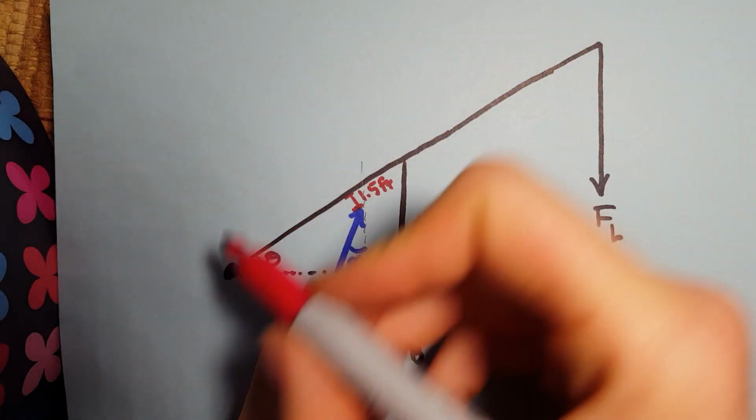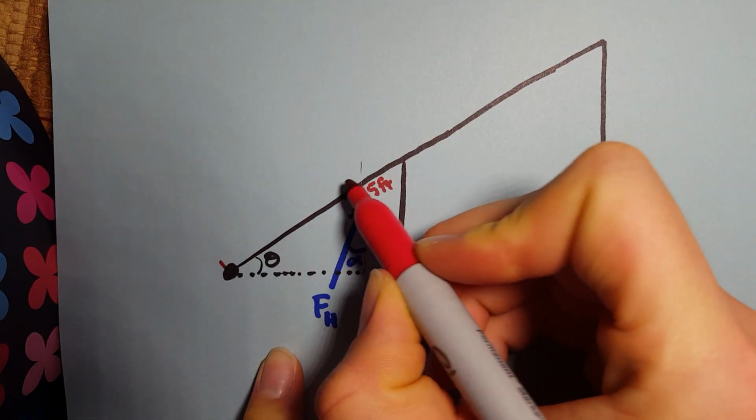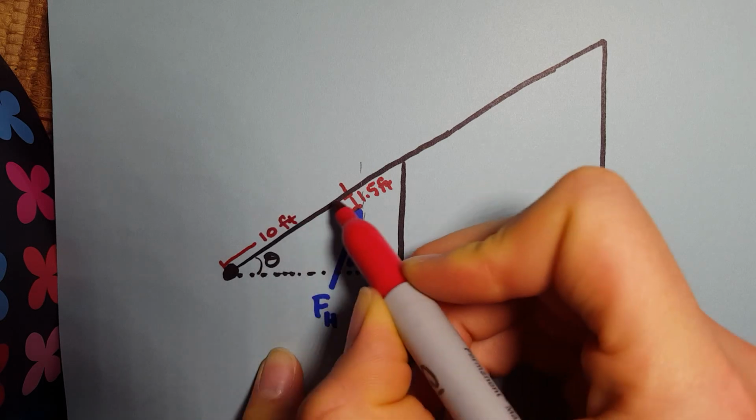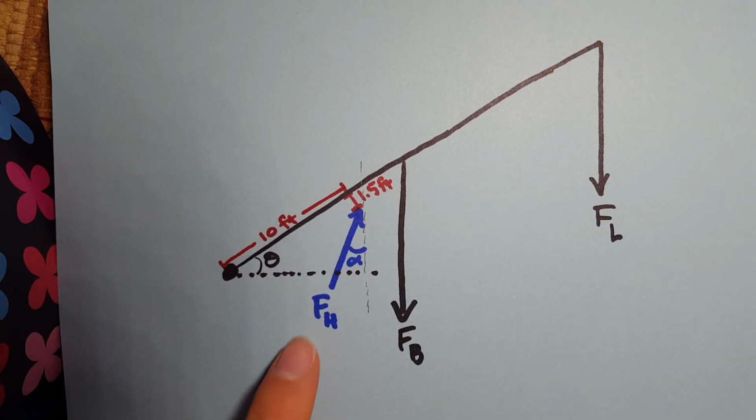And then I told you that from the pivot, it's acting at 10 feet. So those two numbers, 10 feet and 1.5 feet, are going to be the same for everybody.